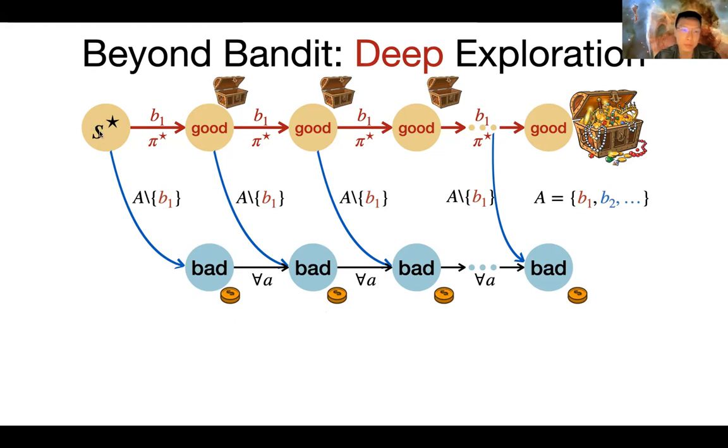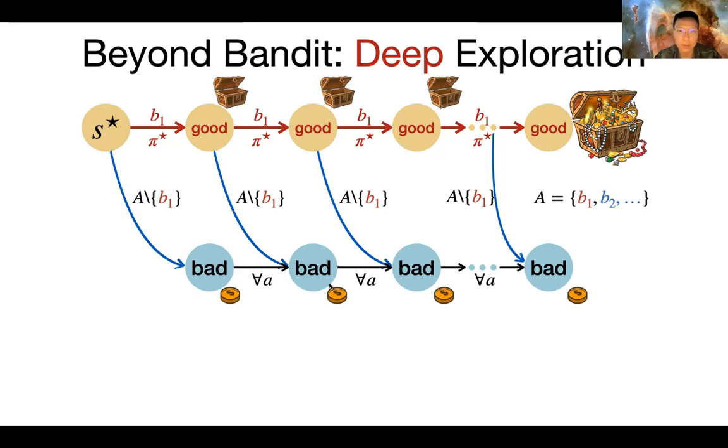Suppose we start from a common, fixed initial state, and after that there are two kinds of states. The first kind is a good state, and the second kind is a bad state. Suppose at each good state, only the first action, B1, will keep us at a good state, and other actions will all lead us to a bad state.